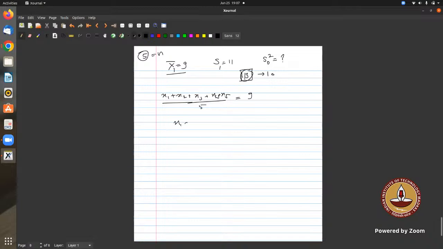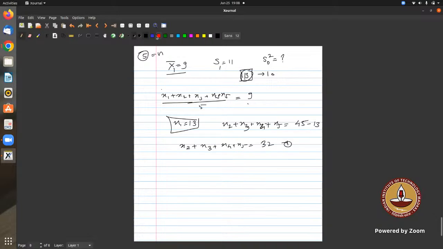I am considering x1 equal to 13. So x2 plus x3 plus x4 plus x5 will be equal to 45 minus 13, right? 9 into 5 is 45, x1 is 13. So the remaining sum, x2 plus x3 plus x4 plus x5, becomes 32.